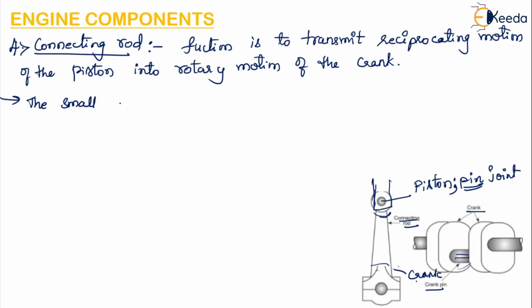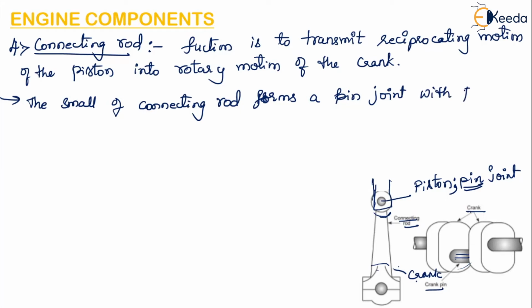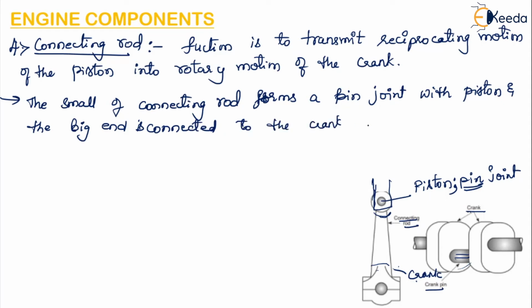The small end of the connecting rod forms a pin joint with the piston, and the big end is connected to the crank by the crank pin.